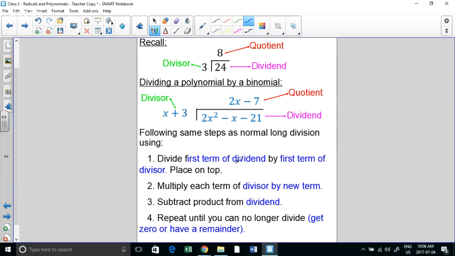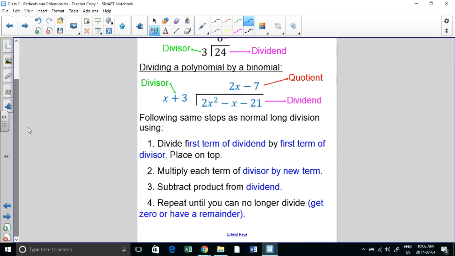We are going to be doing the same steps as normal long division. These steps may seem a little bit abstract for right now, but when we do examples, you'll see that we're following step by step every single time. You're going to divide the first term of the dividend by the first term of the divisor. When we're doing this, the other term doesn't really exist to us.